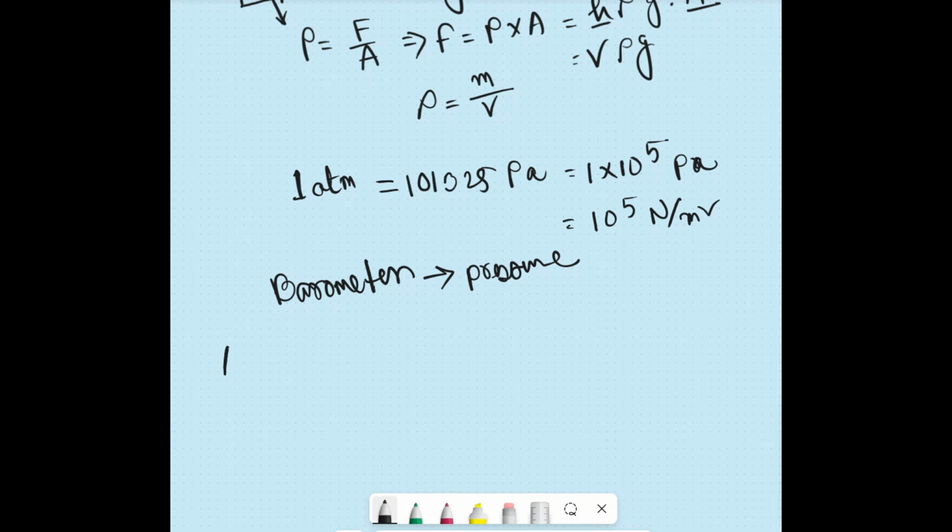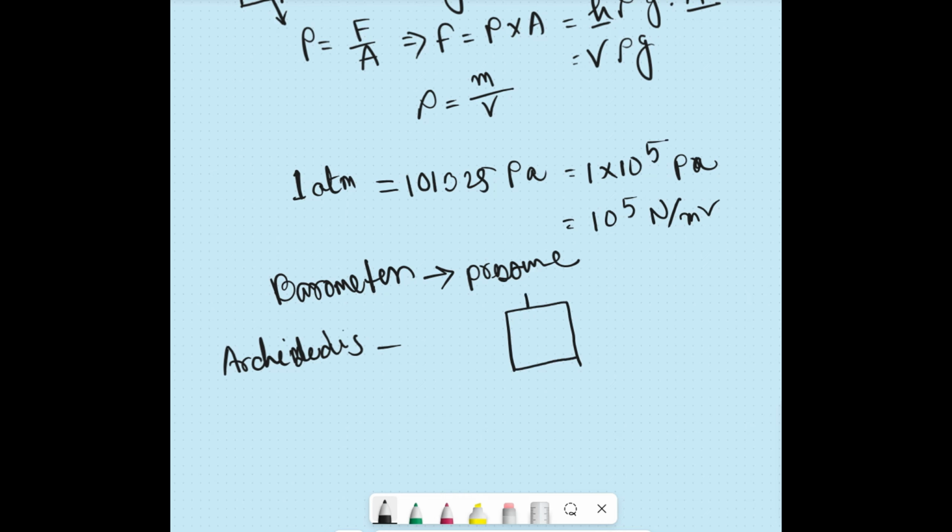Afterward, Archimedes principle. Say there is a box.